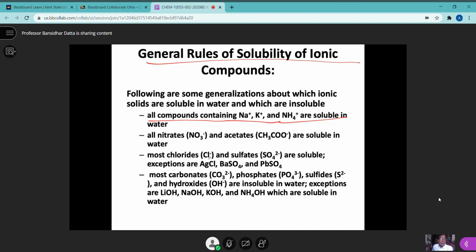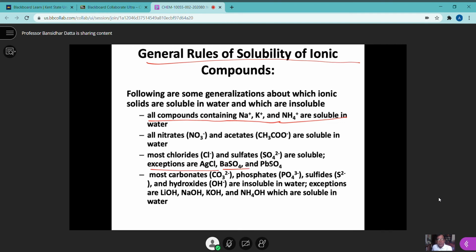Most chlorides and sulfates are soluble. Most. Exceptions: silver chloride is a white precipitate. So silver nitrate is soluble, but silver chloride is not. Barium chloride, barium nitrate, or barium acetate is soluble, but barium sulfate is not.